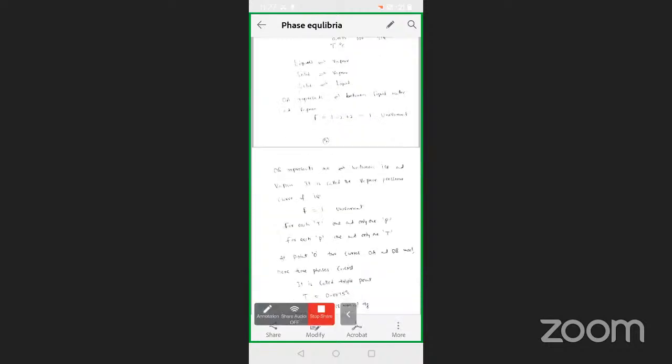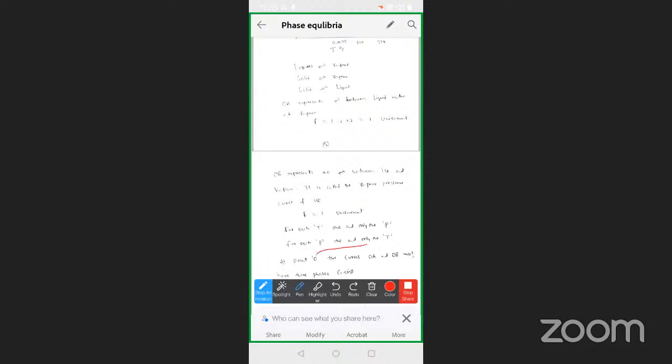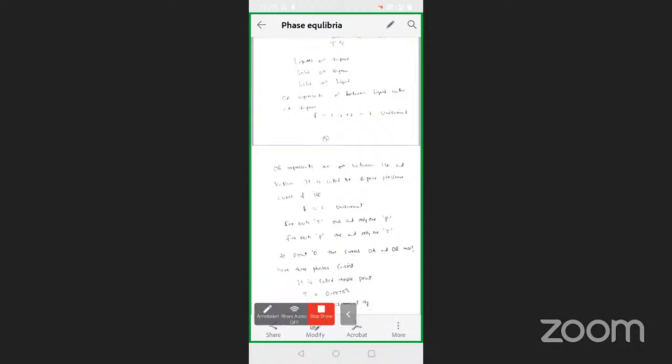So for each temperature, one and only one pressure, and for each pressure, only one temperature will be observed for the equilibrium.